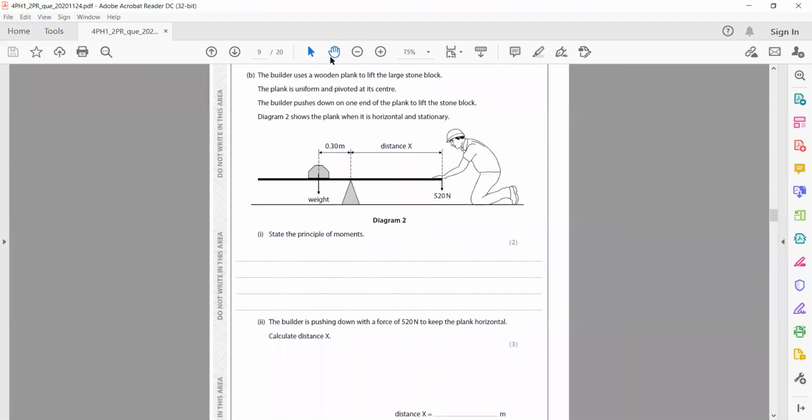According to the principle of moments, when an object is in equilibrium, the clockwise moment is equal to the anti-clockwise moment, and there is no resultant moment acting on the object.